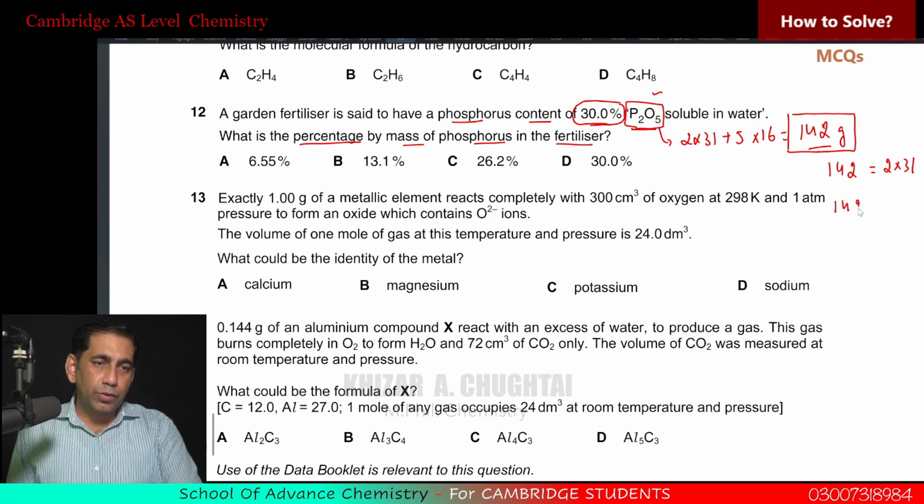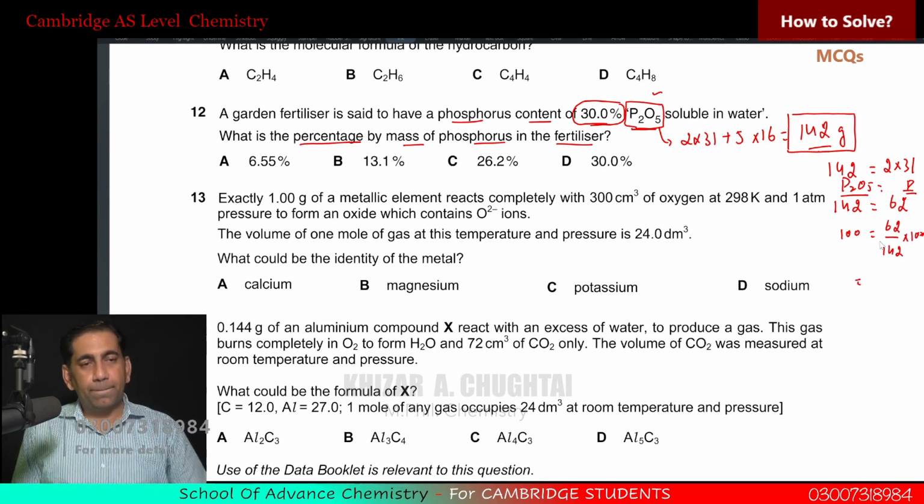So 142 gram will give maximum 62 gram of phosphorus, P2O5 versus phosphorus. And if I'm taking 100 gram, then how much phosphorus will be there? That will be 62 over 142 into 100.